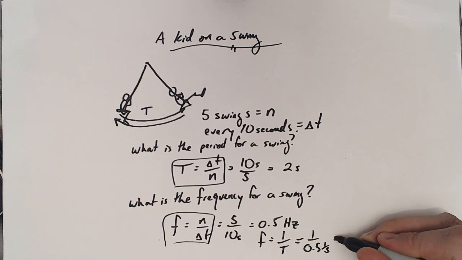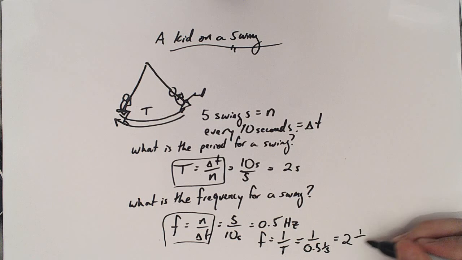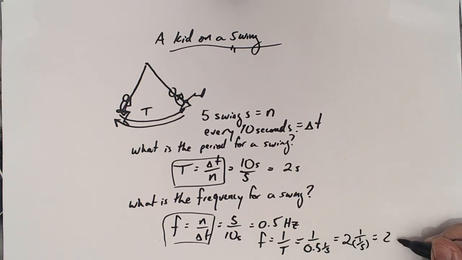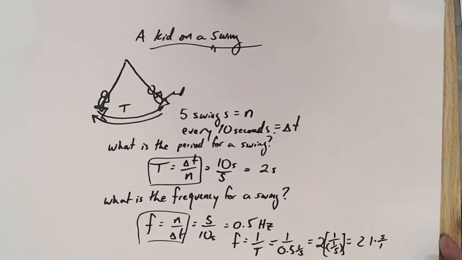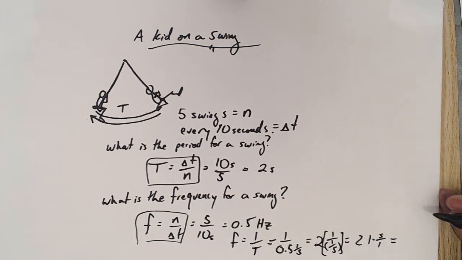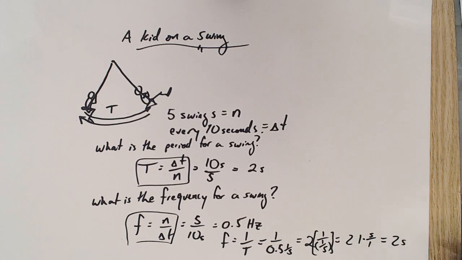And 1 divided by 0.5, I'll deal with the numbers first, is equal to 2. But 1 divided by 1 over seconds is the same as saying 1 times, dealing with the units on their own, seconds over 1, which of course gives us an answer of 2 seconds.